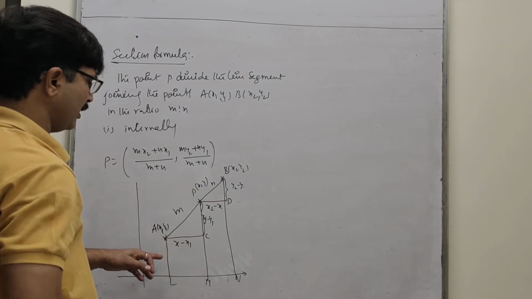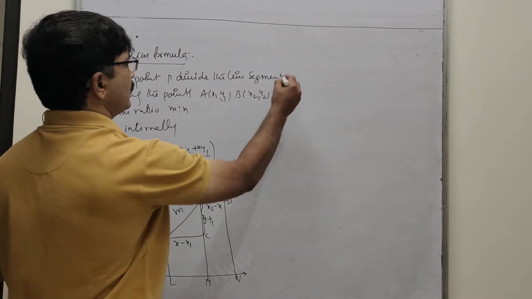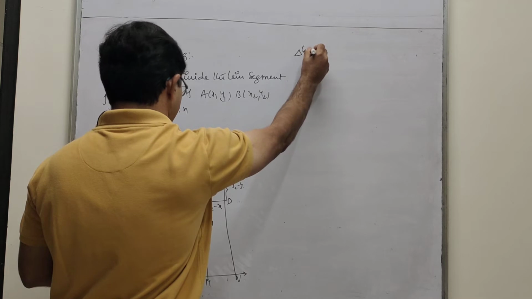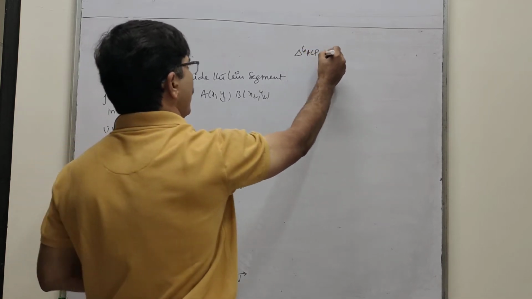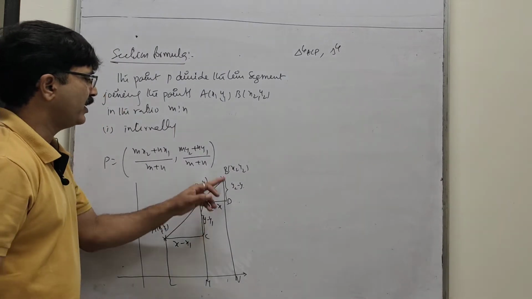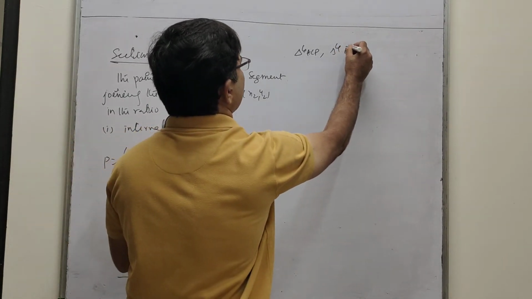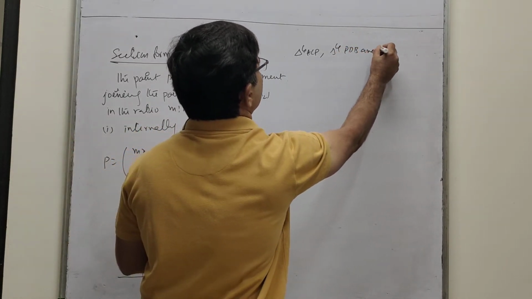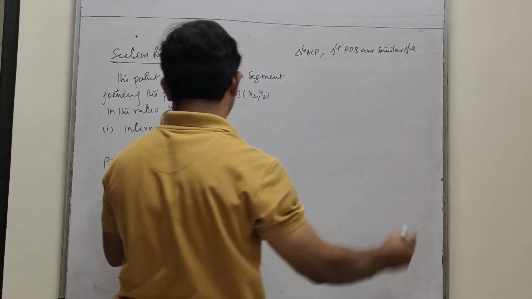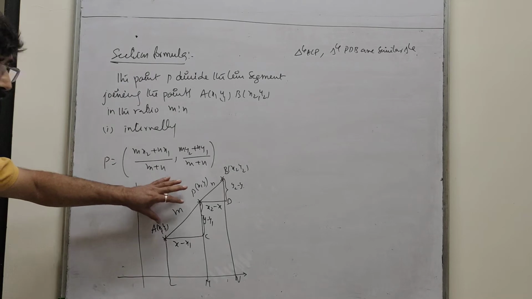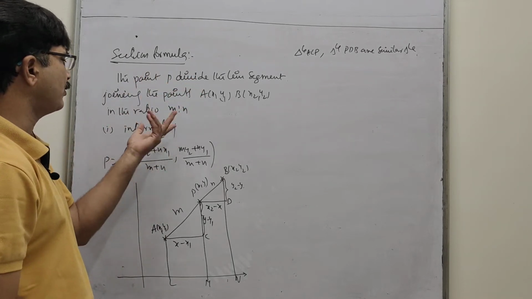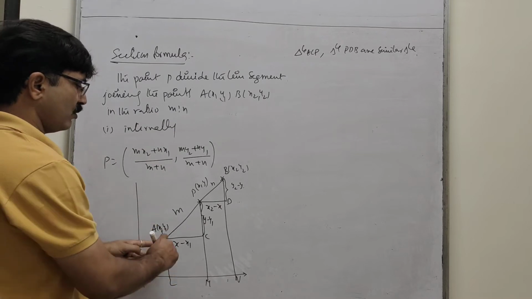You know very well that triangle ACP and triangle PDB are similar triangles.